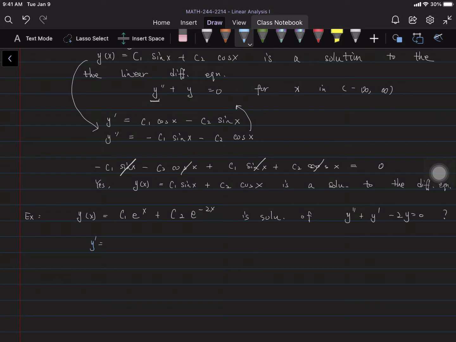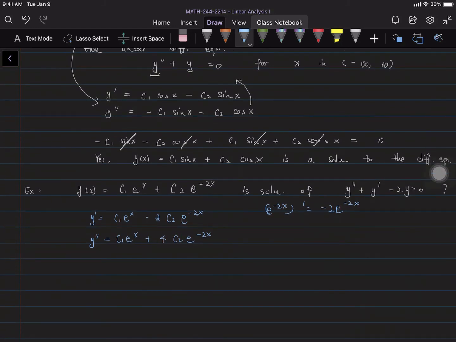First derivative. Chain rule: e to the negative 2x has derivative negative 2e to the negative 2x, right? Second derivative. Negative 2 times negative 2 becomes 4.